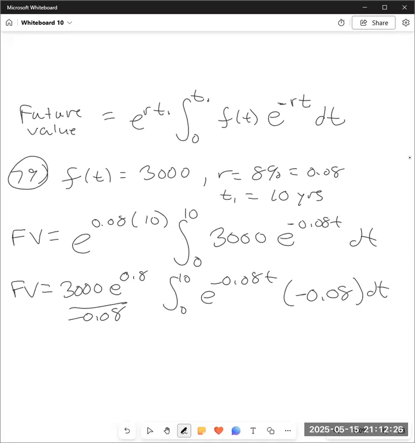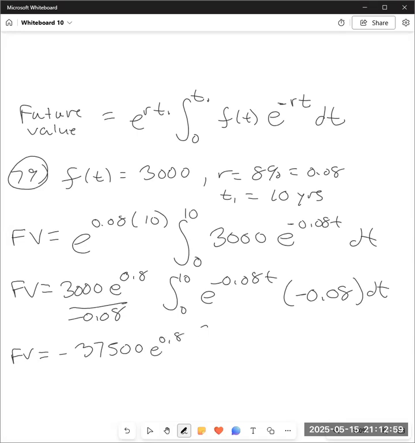So that's going to give me my future value is equal to 3,000 divided by negative 0.08, which is negative 37,500 e to the 0.8.